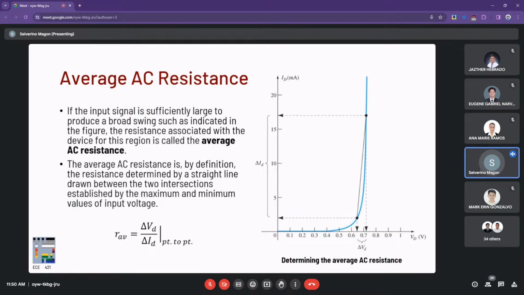So similarly, in the analysis of AC responses, we can have the following figures. So we have the average resistance in terms of the AC responses, the change in voltage applied to changes in the current going through the diode.